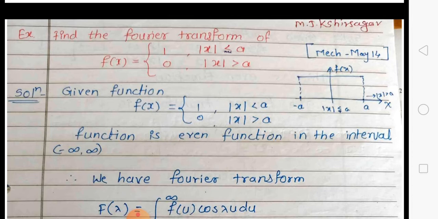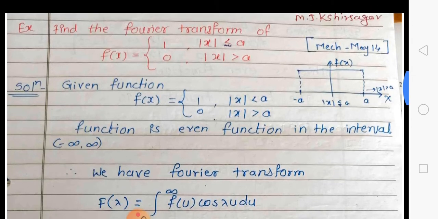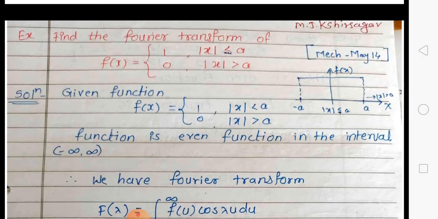This is parallel to x-axis. And otherwise, that is if mod x is greater than a, that is if x is less than minus a and x is greater than a, then the value of function is 0. Therefore, otherwise the value of function is 0. Therefore, we draw the figure. We connect minus a and a.